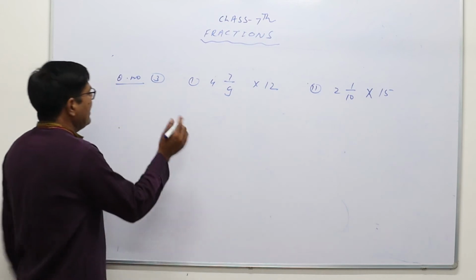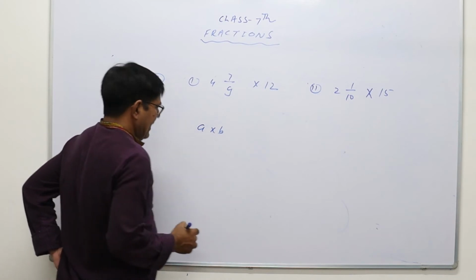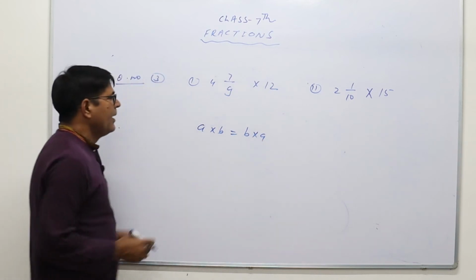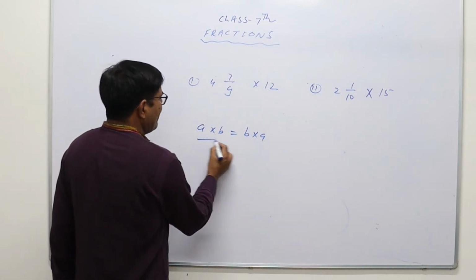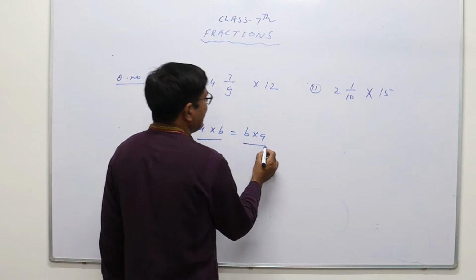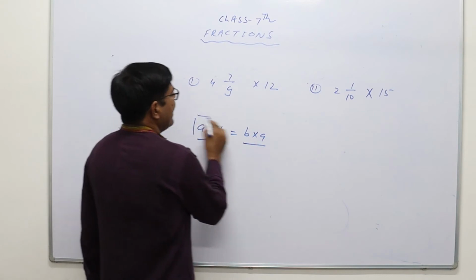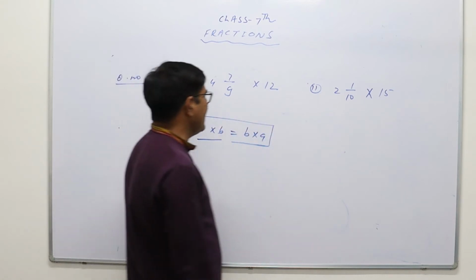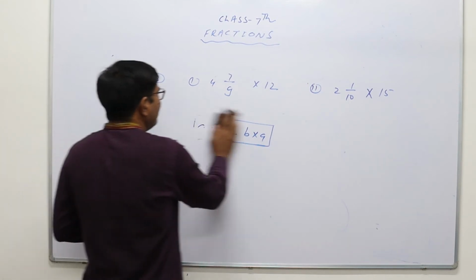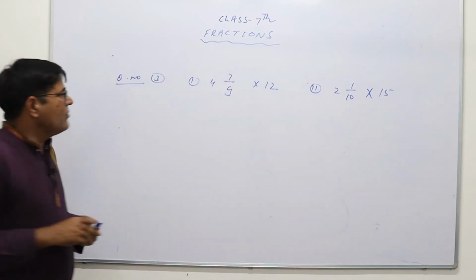So when we multiply two numbers, let us suppose A is multiplied with B, then it will be equal to B into A. So here A multiplied with B is pre-multiplication, and here B multiplied with A is post-multiplication, and if A into B equals B into A, then we know that this multiplication is commutative. So if we have to multiply a whole number with a fraction or a fraction with a whole number, both have the same meaning.